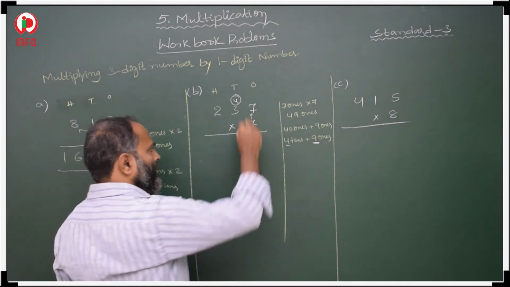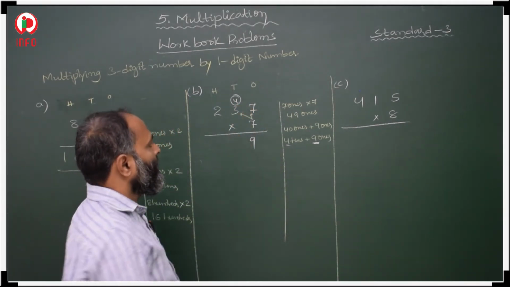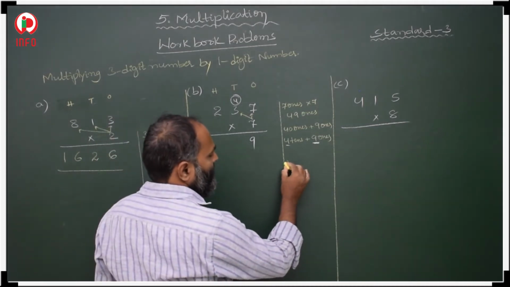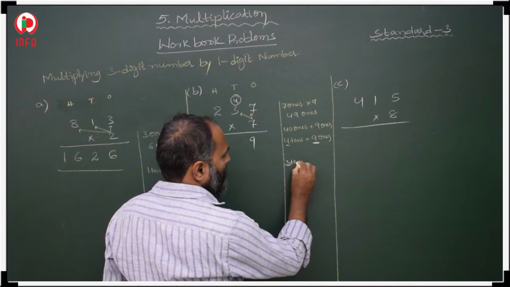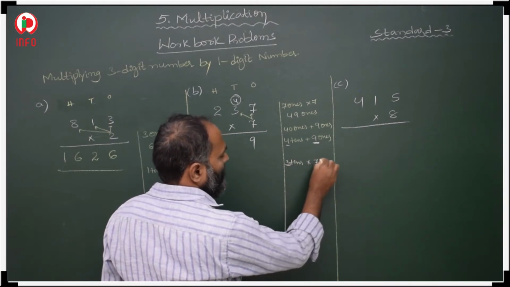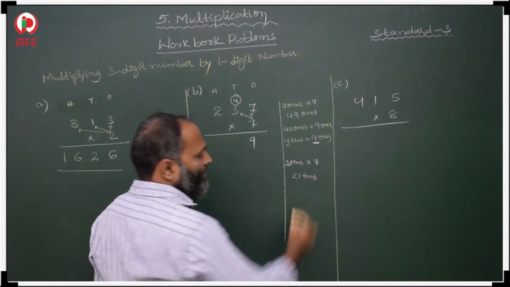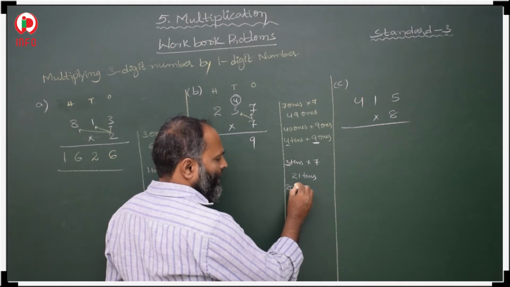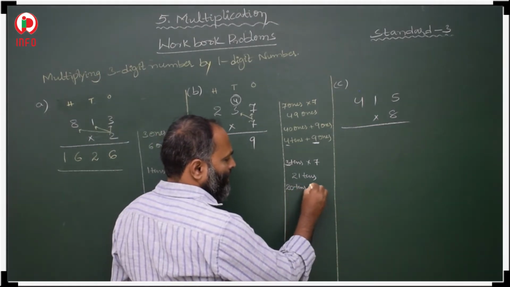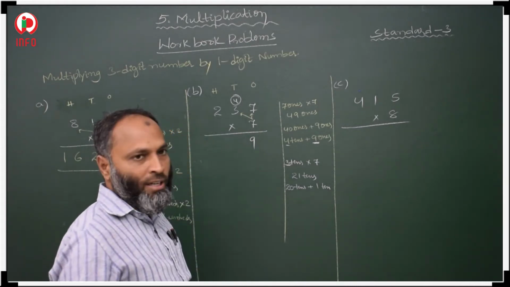Now 3 with 7. 3 tens into 7. 3 sevens are 21 tens. Then 21 tens means 20 tens plus 1 ten.